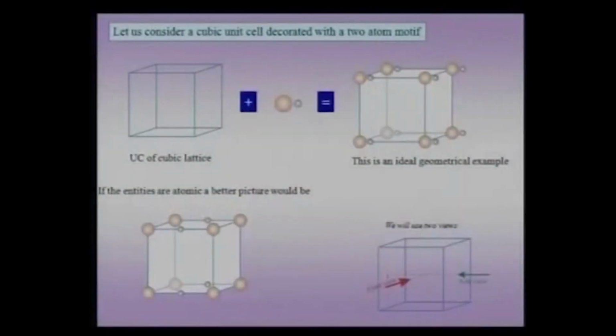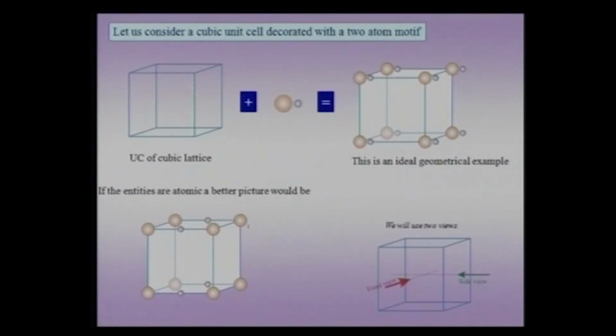So, let me consider one example to connect my geometry with symmetry. I take a unit cell of a cubic lattice and assume that these are two atomic entities, real atomic entities for now. If I now decorate this lattice with this atomic entity, which is now my motif, I will get a structure like this. There is no reason to assume that, the way I am drawing it, this should not sit in the center.